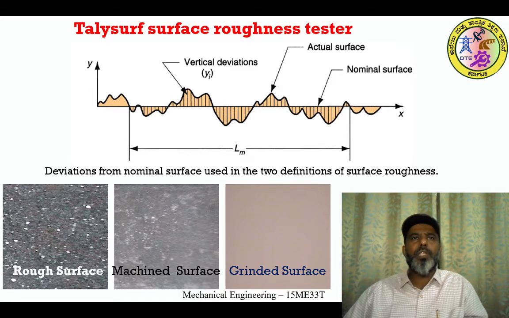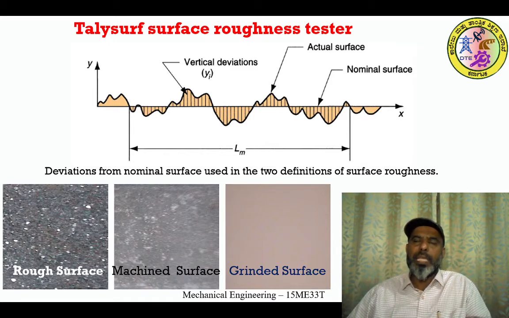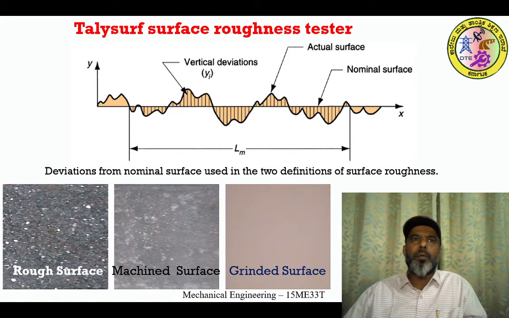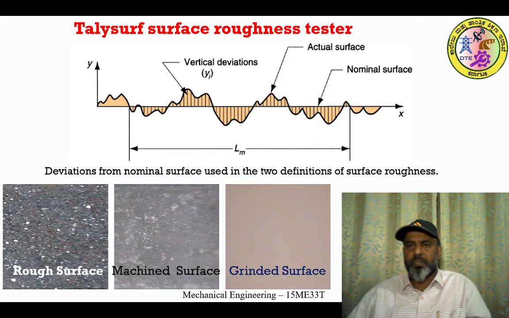If you see the surface finish of engine cylinder or engine piston, or in case of pressure die casting dies or in injection molds, the cavity has a very high surface finish, a mirror image.